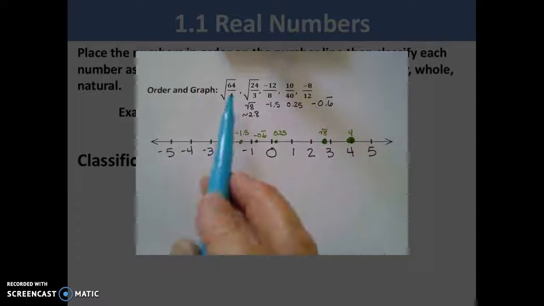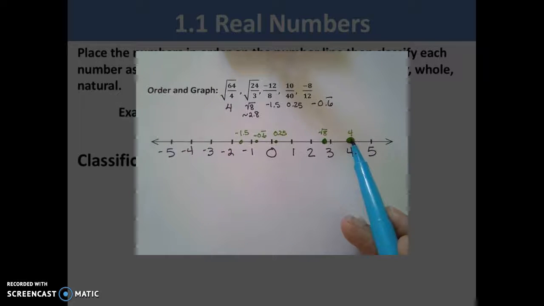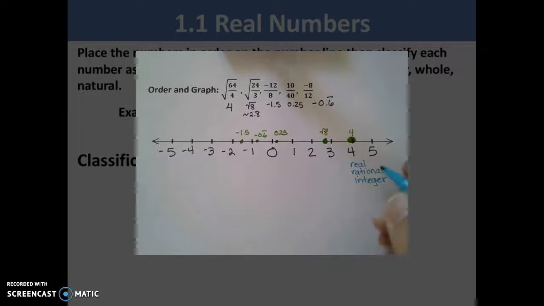Our first was the square root of 64/4, which we said was 4, and we graphed it over here. That is a real number. It is rational. It is an integer, because it's not a fraction or a decimal. It's also a whole number and a natural number.